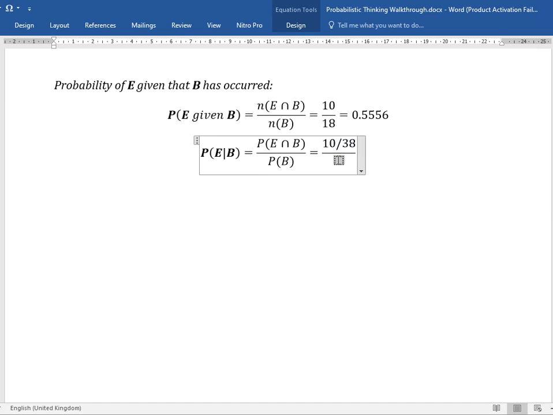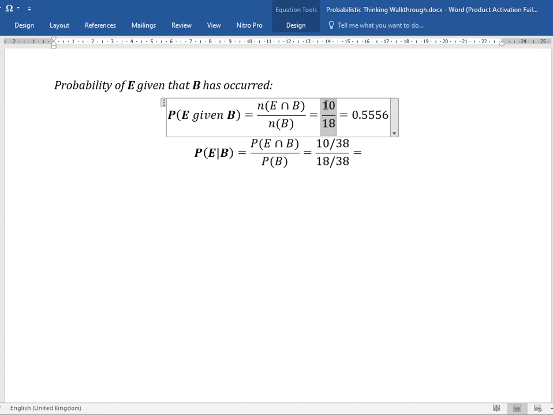And the probability of B in that entire sample space is 18 over 38. Obviously, by the time you do that, 38 and 38 cancel out, so it now boils down to this.